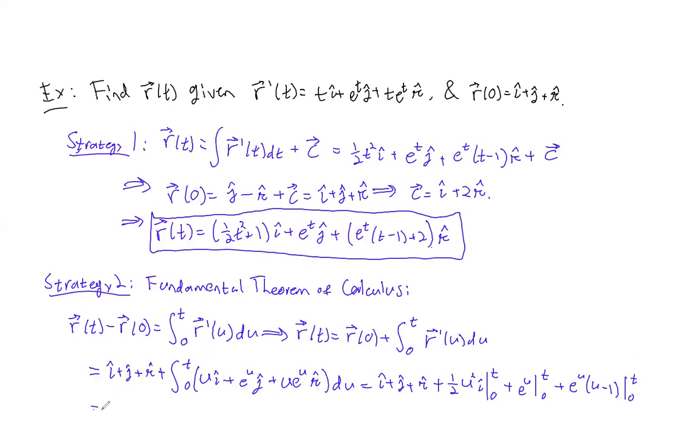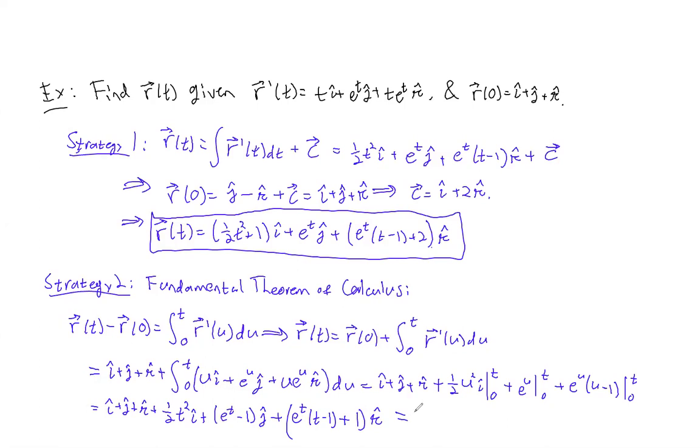So you do that, and you get i plus j plus k plus 1/2 t squared i minus 0, plus e to the t minus 1 j, plus e to the t times t minus 1 minus, now here's the important thing, you plug in, or rather plus 1, after you actually do the antidifferentiation.